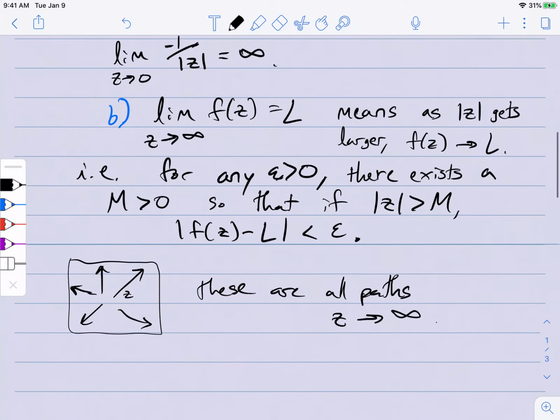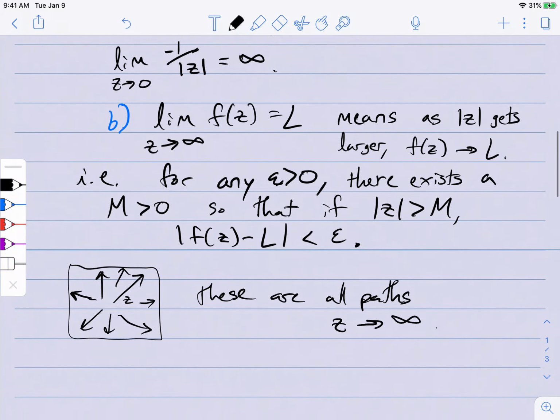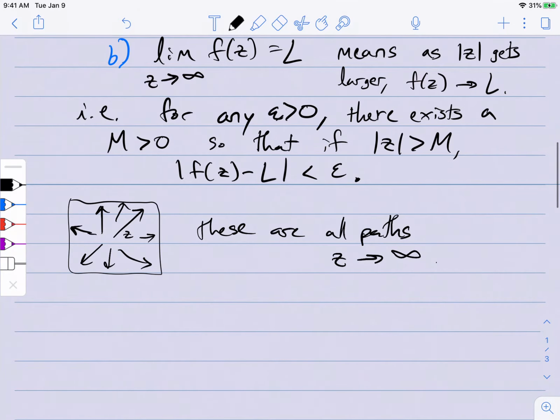So I'm never going to talk about minus infinity because we've got so many different directions. We're going to think of all of them as infinity. Really, again, what we care about is that the modulus is getting large. If the modulus is getting large, then we say z is going off to infinity. So there's no such thing as minus infinity in this context.